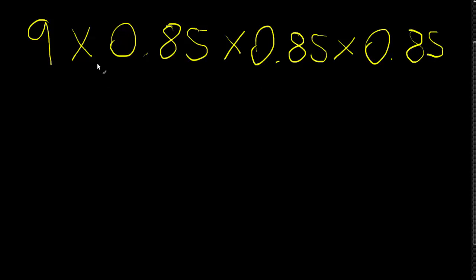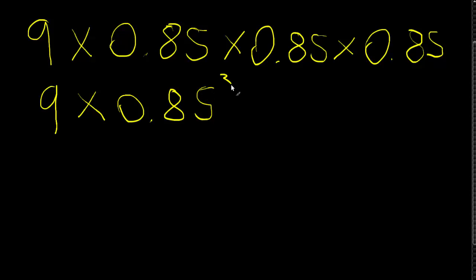Now if you think back to your index laws, if we're multiplying 0.85 times 0.85 times 0.85, we could actually just rewrite that as 9 times 0.85 cubed, or to the power of 3, because we're multiplying 0.85 three times. And that would straight away give us our answer of 5.5.